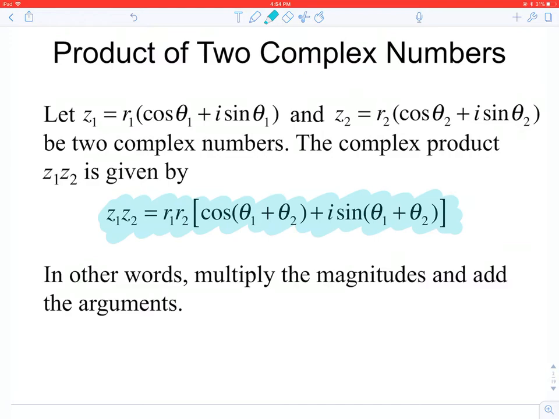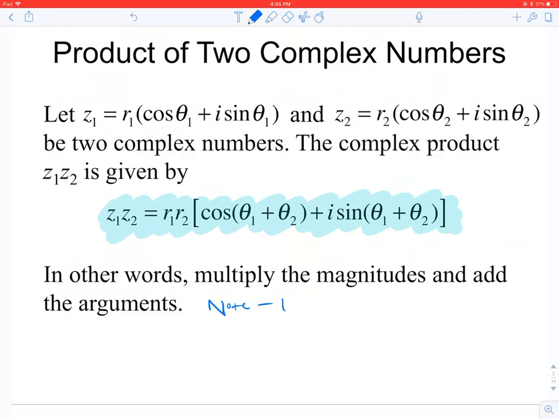In class, I derived this, but I will send you the notes that have the derivation. If you have any questions, I'm happy to explain it to you. But just so that this video isn't super long, I don't really want to derive all of the products and quotients for complex numbers.